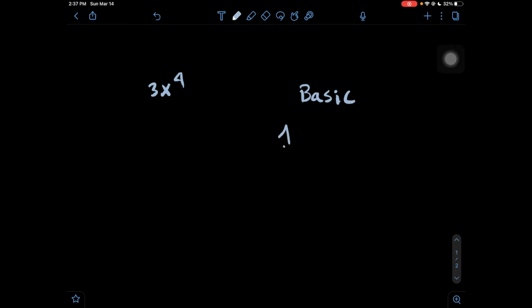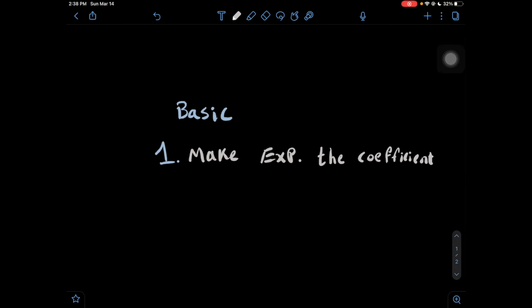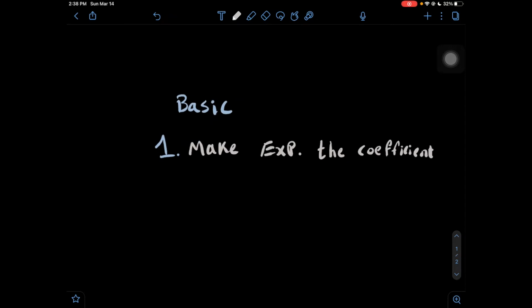The first step is to make your exponent, I'm just going to put exp for exponent, the coefficient, and then you can multiply if you already had another coefficient. So multiply when needed.